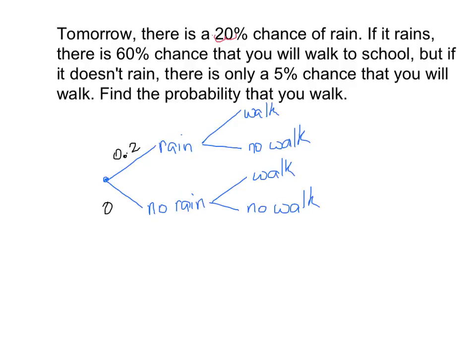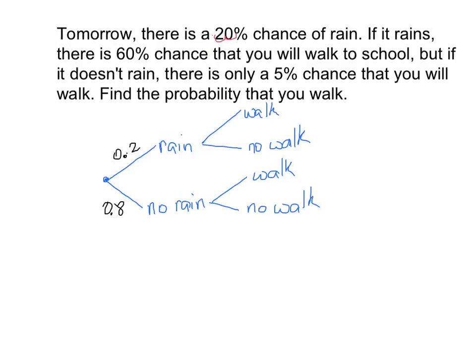So when you add up your set of branches, please make sure you get one whole. So even though the question didn't say the chance of no rain is 80% or 0.8, you know it's everything else. Okay, so now if it rains, the chance that you will walk is 5%.